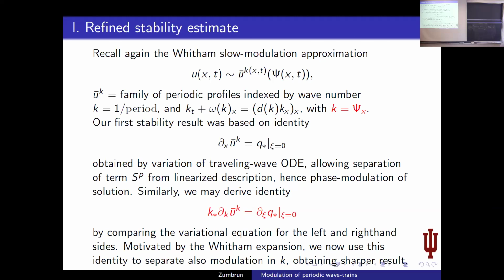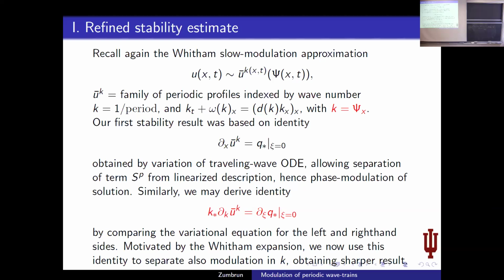It's not so complicated. Remember that Q satisfies the eigenvalue equation, and at C equals 0, the eigenvalue equation is the linearized traveling wave equation. That gives you an idea that there could be a relation, and this is the relation you get.